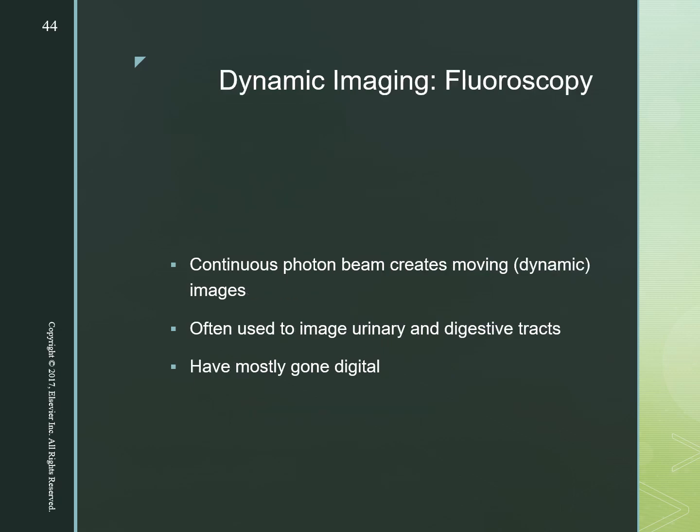Dynamic imaging really refers to fluoroscopy. Dynamic means motion or changing. So fluoroscopy is basically utilizing photons or X-ray imaging to produce live images over time. This is done in a couple different ways, and so we'll get into that more in the next couple weeks.